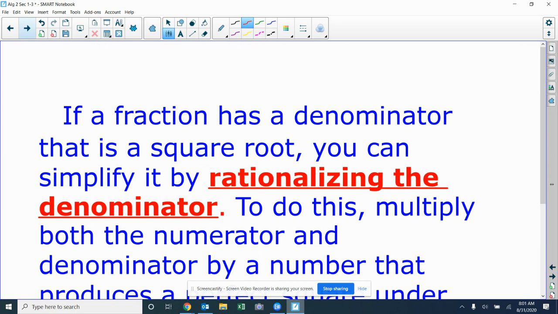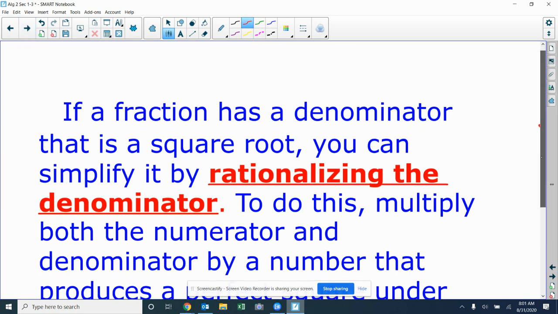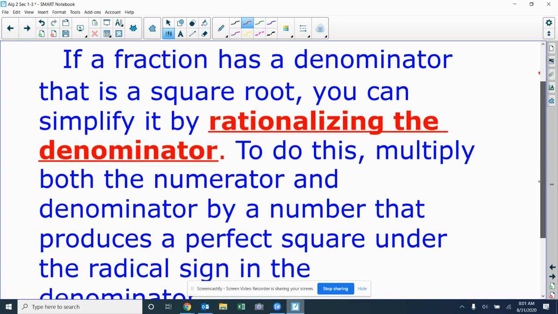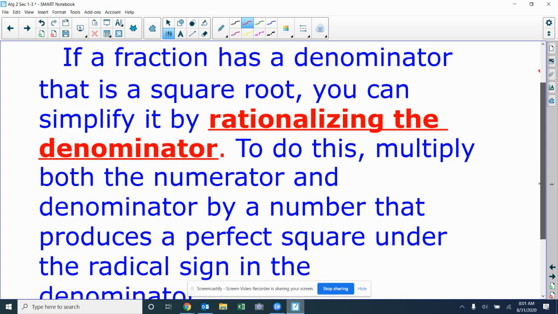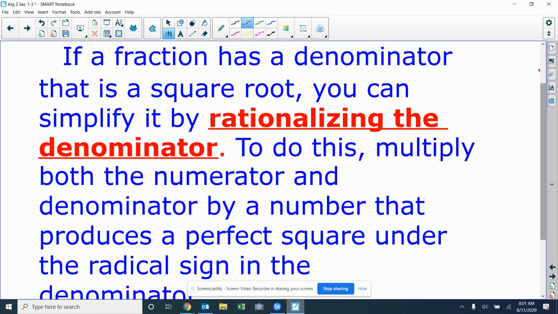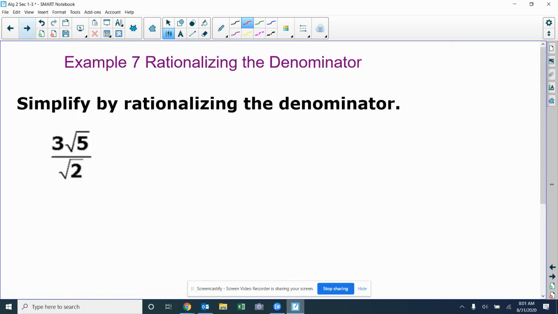All right, rationalizing the denominator. One of the more trickier things here. When we have a radical in the denominator, we will need to rationalize it. So that can be sometimes a little time consuming, but as you'll see, I think you'll remember.